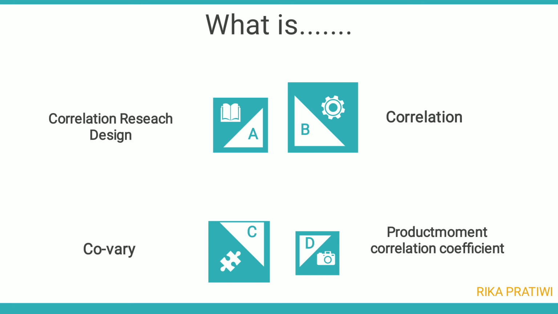What is correlation research design? Correlation research design provides an opportunity for you to predict scores and explain the relationship between variables, using the correlation statistical test to describe and measure the degree of association or relationship between two or more variables or sets of scores.